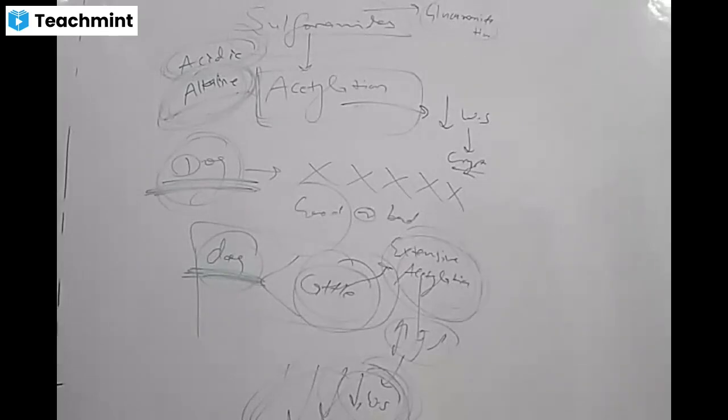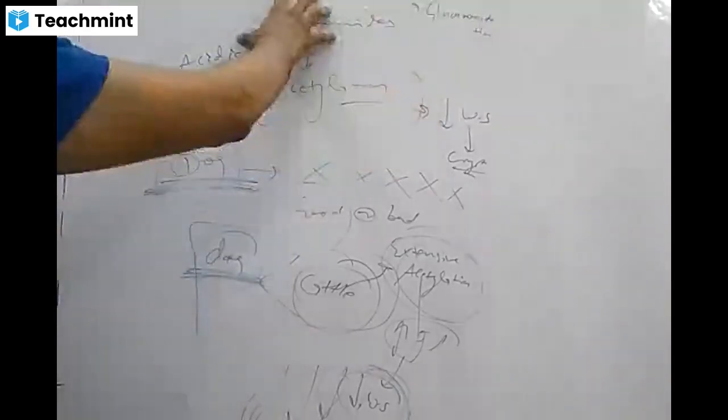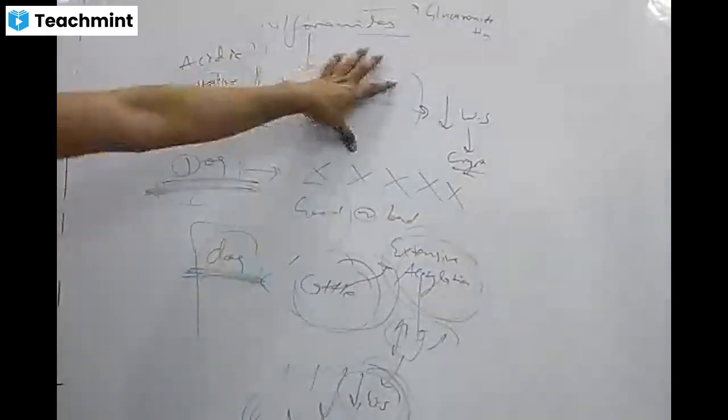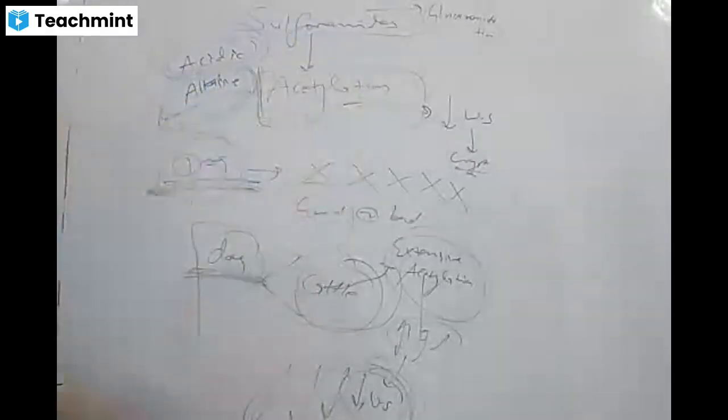In case of dog, sulfonamide is metabolized by glucuronidation, and in case of cattle, sulfonamide is metabolized by acetylation. So the drug is the same, sulfonamide, but in different species it follows a different pathway. Remember, this acetylation is not a true process, it leads to crystal urea formation.